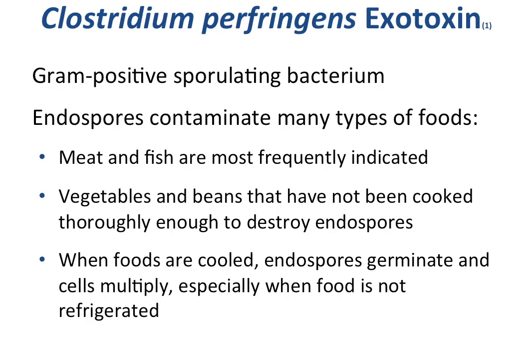It can generate endospores, and the endospores can contaminate many types of food, such as meat, fish, vegetables, and beans. Even if we cook the food, the endospores can survive the high temperature, so cooking cannot eliminate those bacteria.